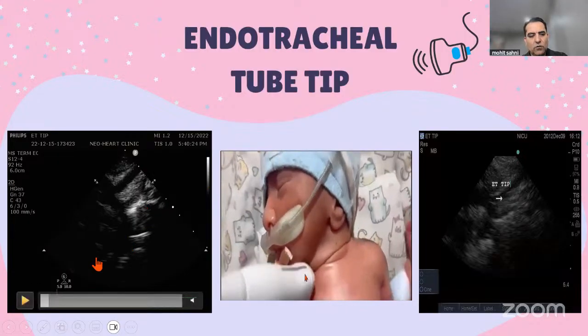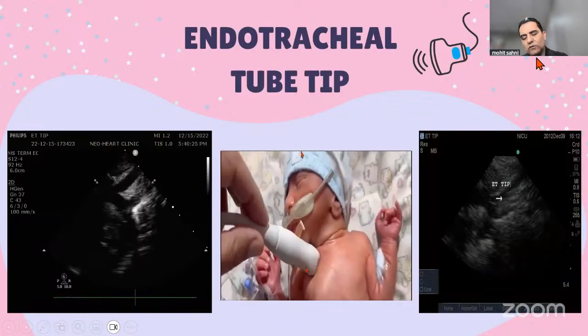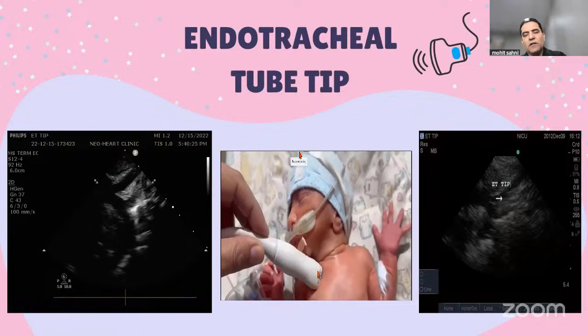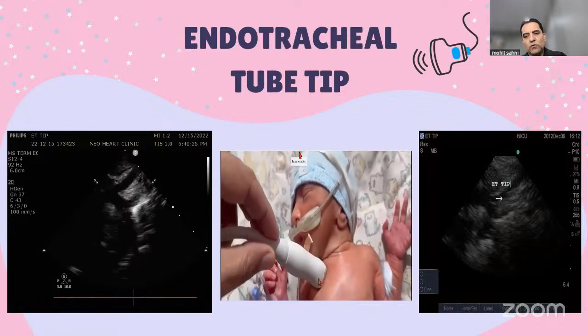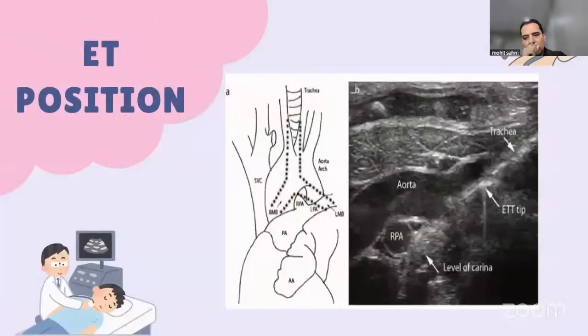So how to calculate the distance? We will talk about that. This is the view we use. I am using the sectoral probe and aortic arch view to localize the tip of the ET. As you can see in this diagram, this is your ET tip, and this is the outer boundary of the aorta.